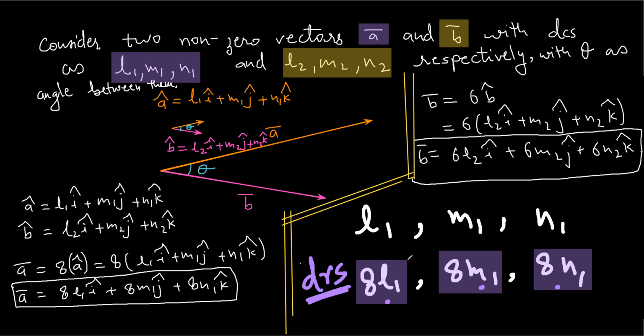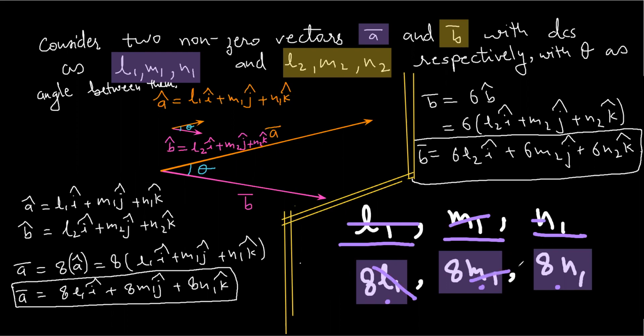Now, why are they proportional? It is very simple to check. Just divide L1 upon 8L1, M1 upon 8M1, and N1 upon 8N1. This cancels, here this cancels, and here this cancels.